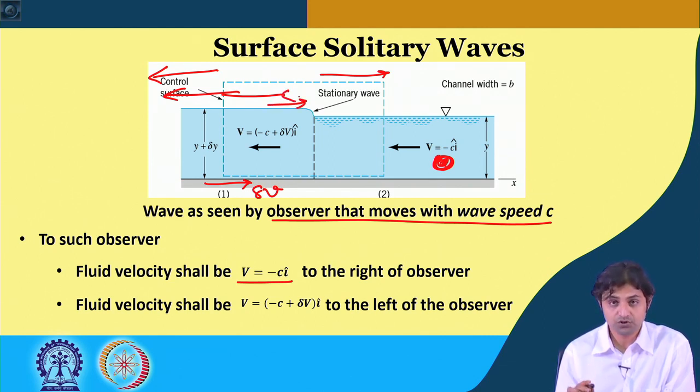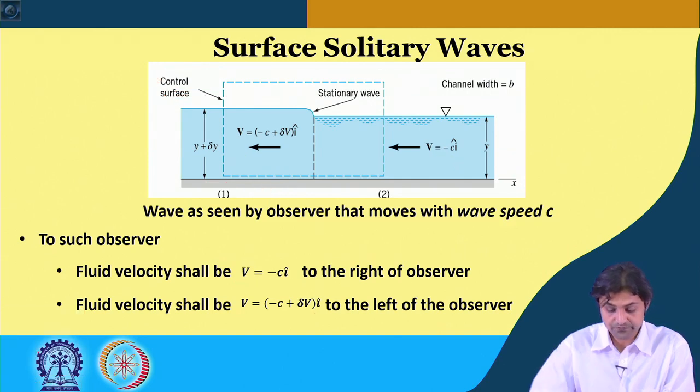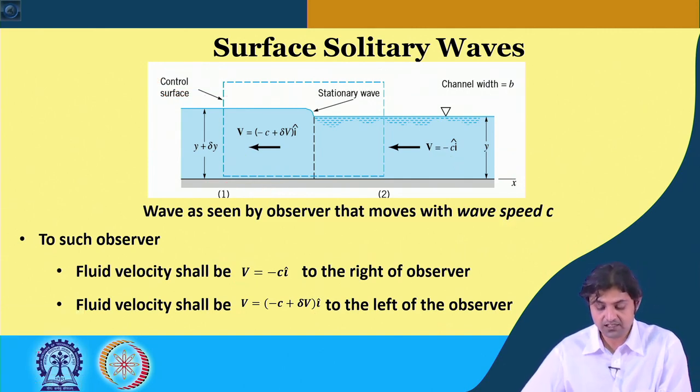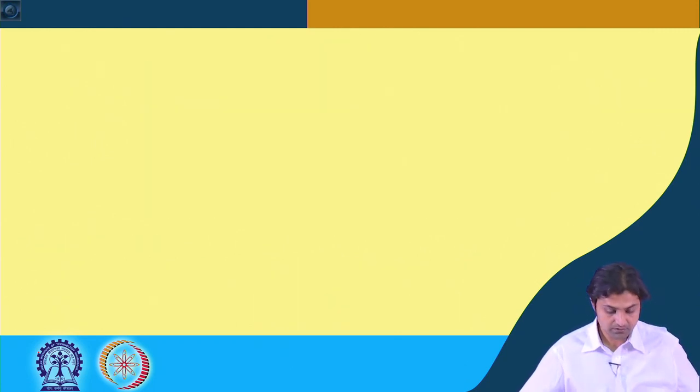So, the total speed is going to be minus c plus delta v in this direction, because he is travelling with the wave. So, minus c plus delta v in I direction to the left of the observer. We are using the vector notation, that is why we are saying minus c plus delta v into I cap.